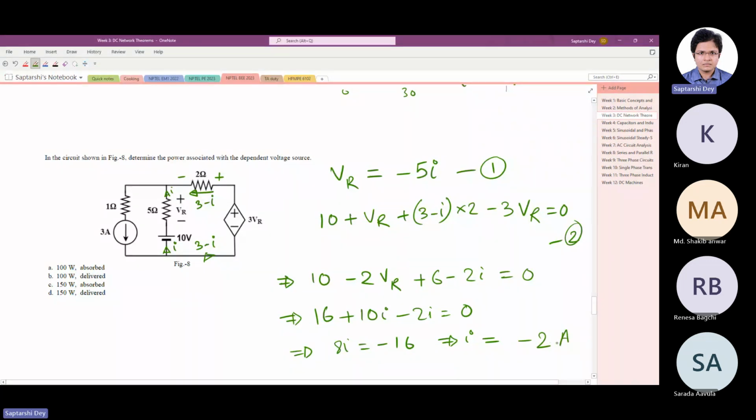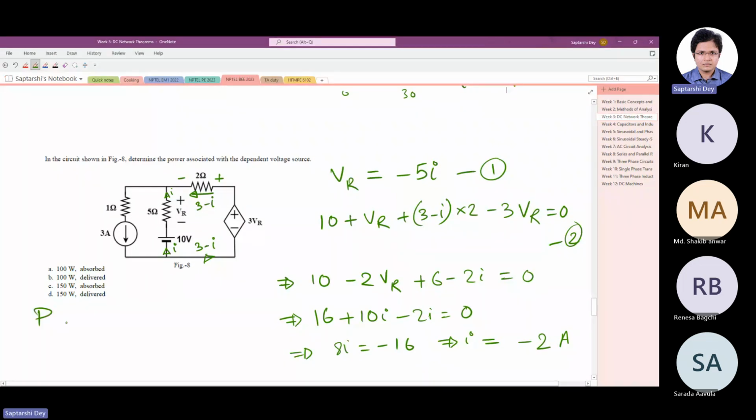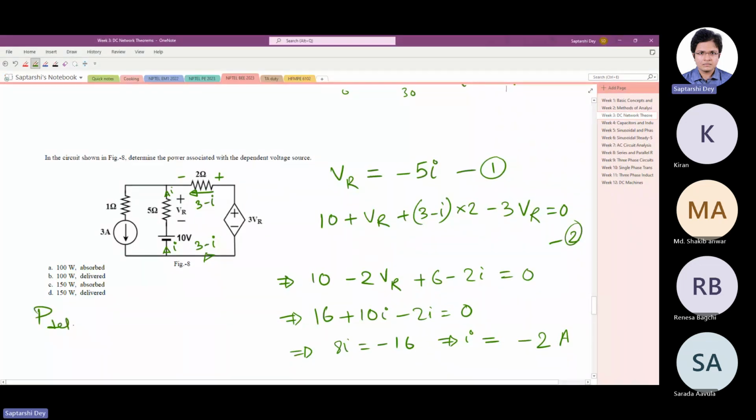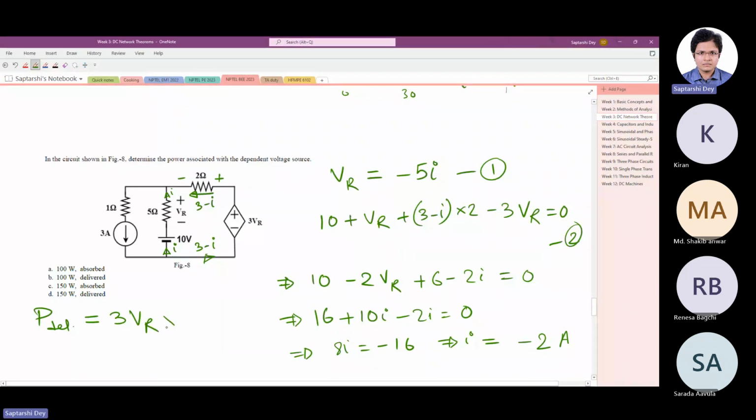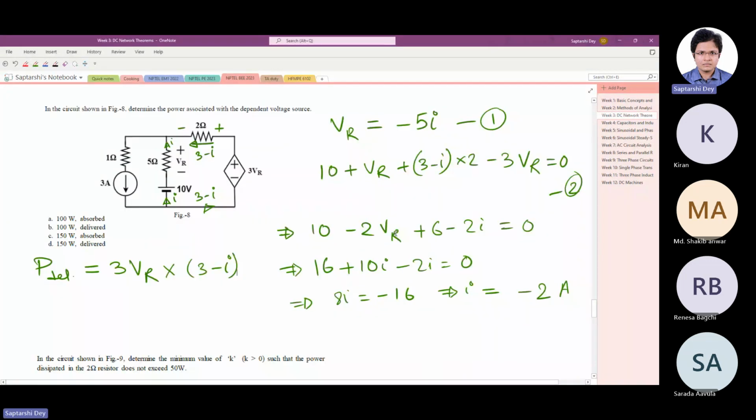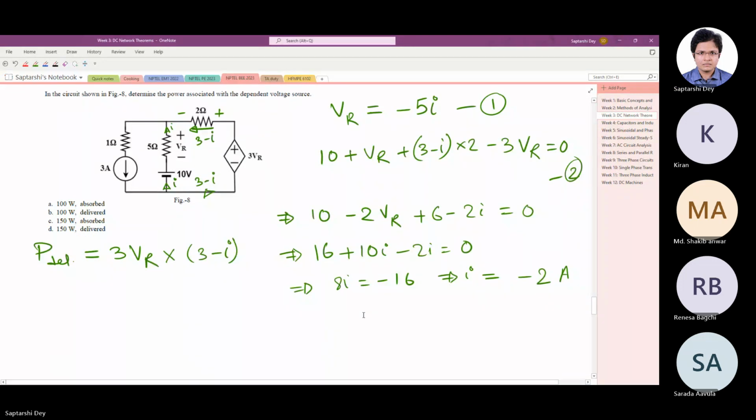Now, power delivered by this source is how much? 3 times VR, times 3 minus I. Any doubt in this? This is the power delivered. 3 times VR times 3 minus I, the power delivered.